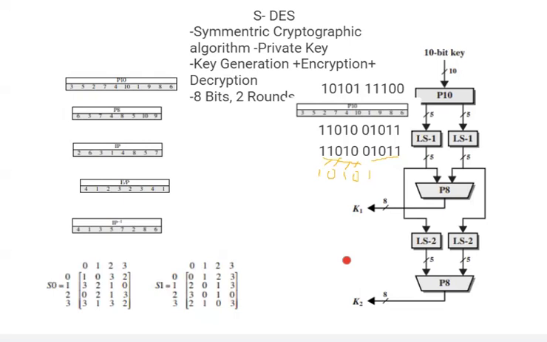The more rounds you have in the encryption algorithm, the more the complexity and the security of your algorithm increase. I hope the round operation is quite clear to you. In simplified DES, we will have two rounds, and for each round we will have a key. For the first round we will have the K1 key. For the second round we will have the K2 key.